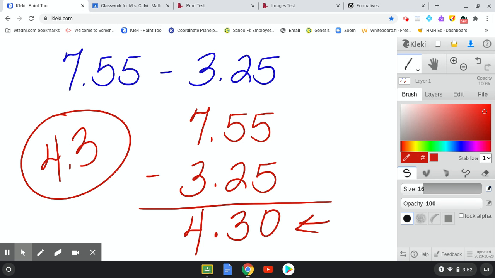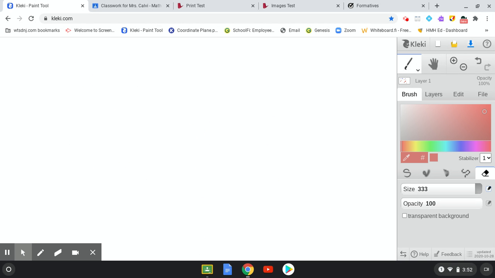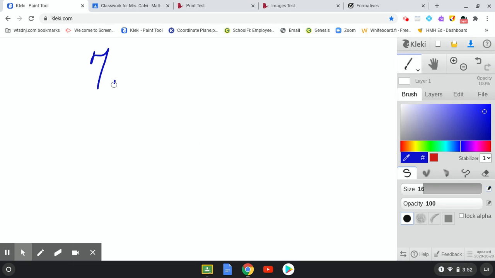All right. So one more type of problem that I want to go over, and that is if we are evaluating decimal expressions. So for example, if I had 7.52 and I was subtracting r, and I gave r a value of 2.9.